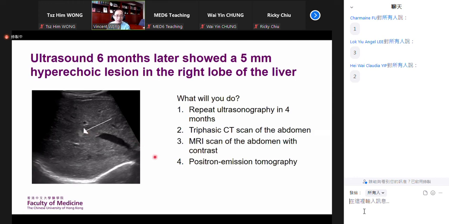So here, what will you do? Will you repeat ultrasound scan in 4 months, perform a triphasic CT scan of the abdomen, MRI scan of the abdomen with contrast, or a PET scan, positron emission tomography? So again, you can use the chat function to tell me what you would like to do. 1, 2, 3, or 4.